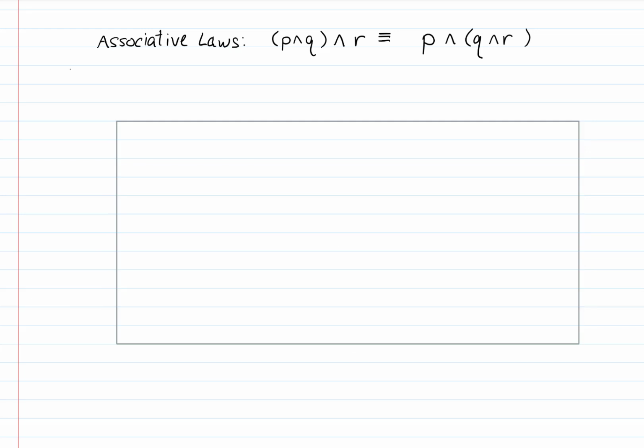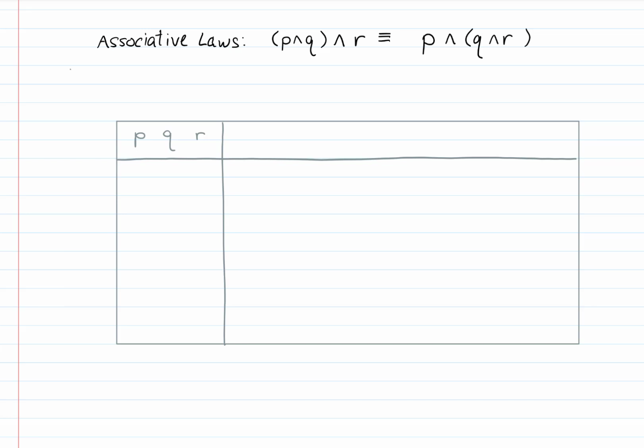So let's put our variables P, Q, and R. And let's go ahead and just do that first. So let's write down all possible combinations of true and false for those 3.